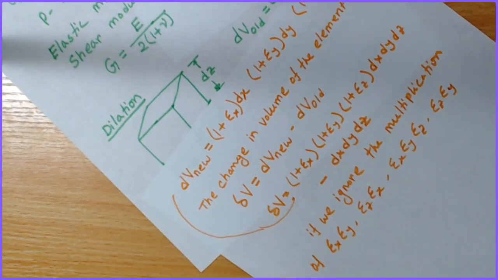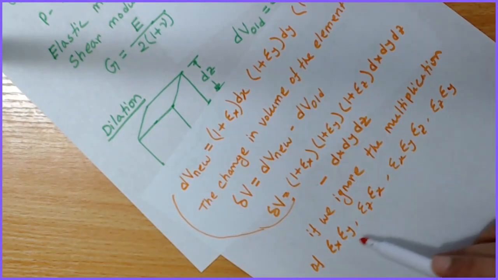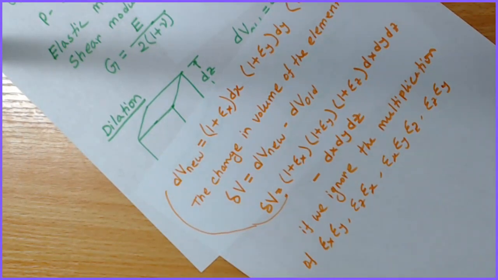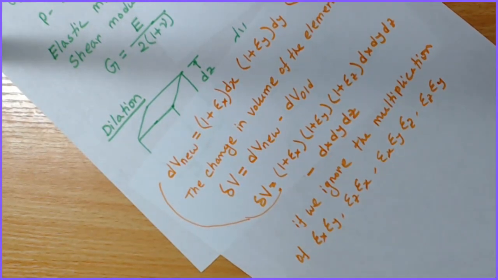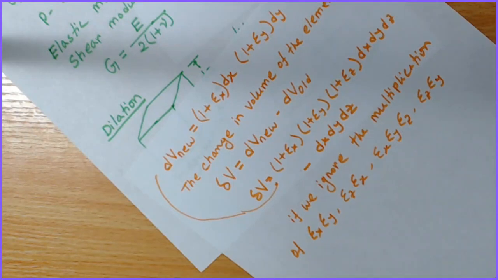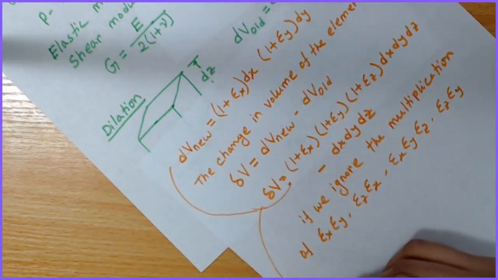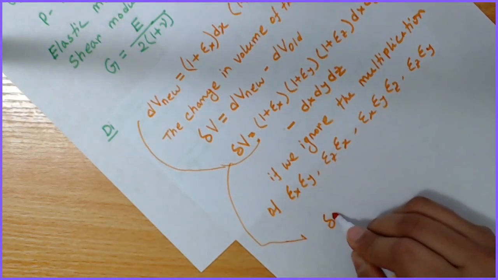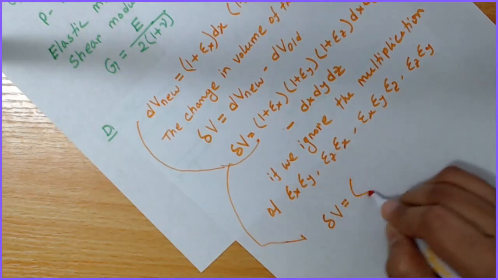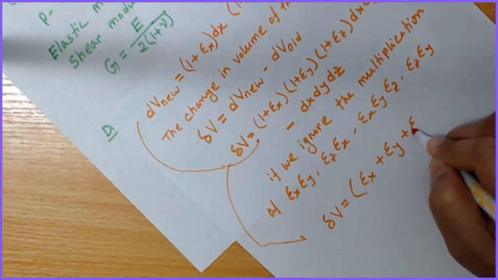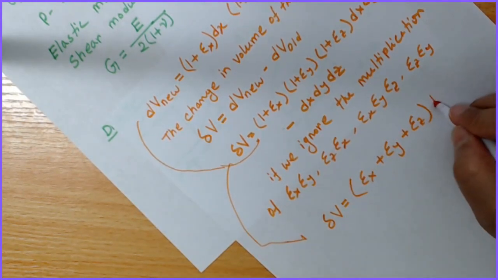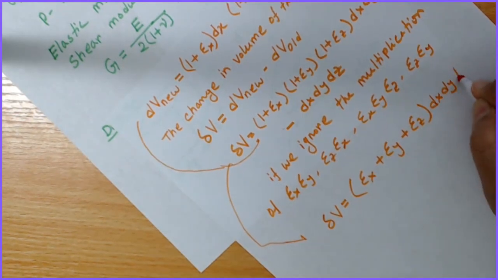If you ignore the multiplication of the strains, and we can ignore this because epsilon x, epsilon y, epsilon z are small numbers, and when you multiply two small numbers they get even smaller, the final form we get is delta V equal to epsilon x plus epsilon y plus epsilon z times dx dy dz.